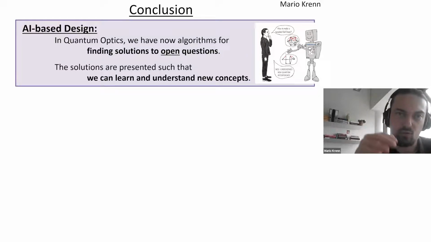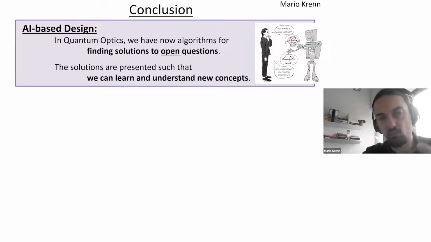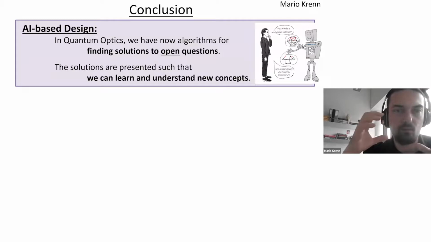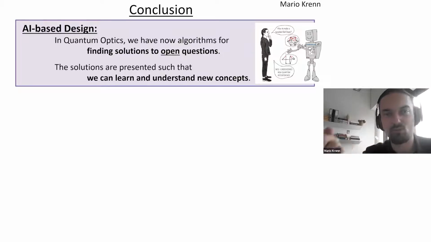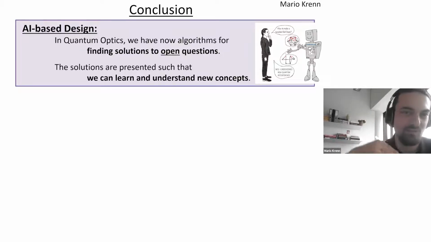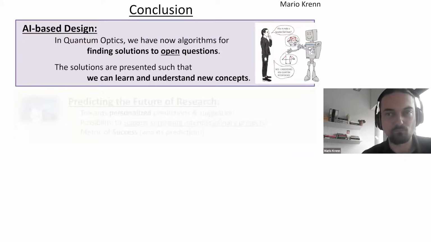And those solutions are presented in a way that we humans can basically immediately learn from them and understand the underlying reason why the solution works. So this is basically the furthest we can go. The next step would be that the machine is not only showing us the solution, but explaining the solution to us. But this is still a few steps down the road.